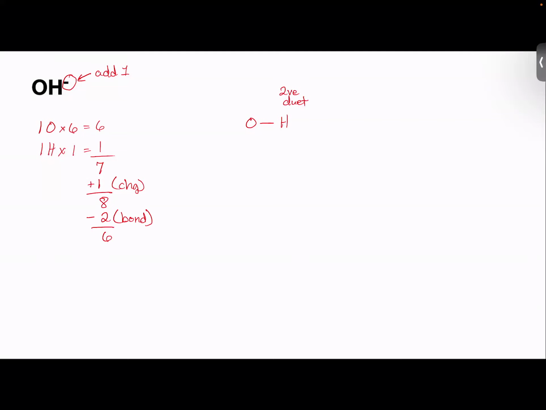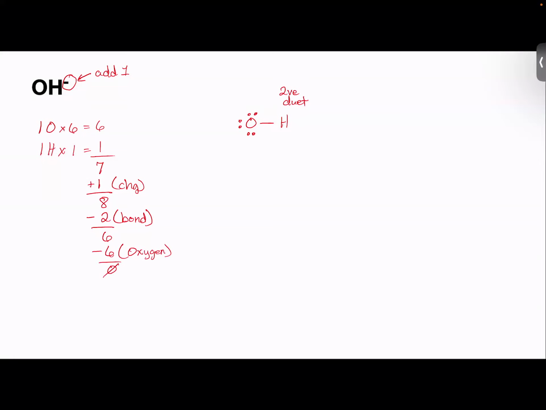Therefore, these electrons are going to go on the oxygen atom in pairs. Once you've given oxygen its octet, you've used up the 6 valence electrons, and you have hit 0.